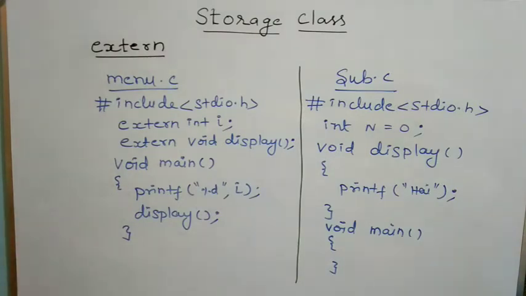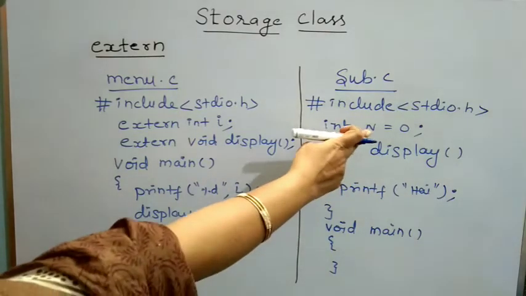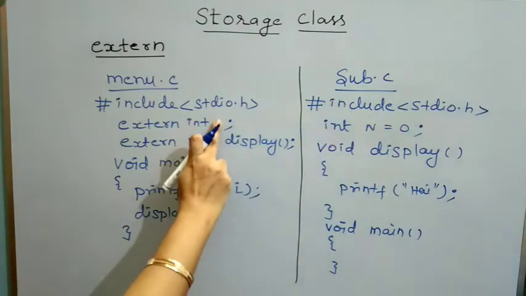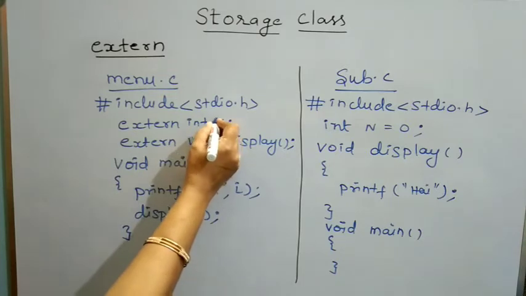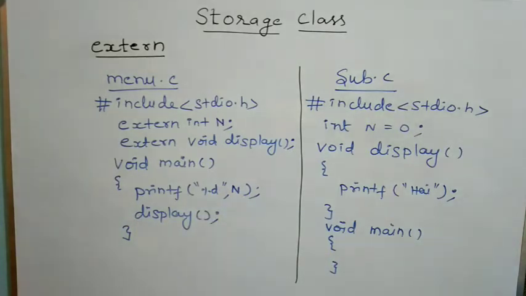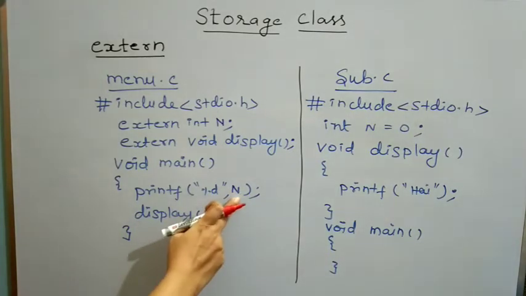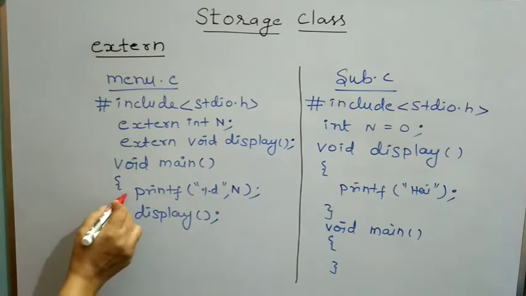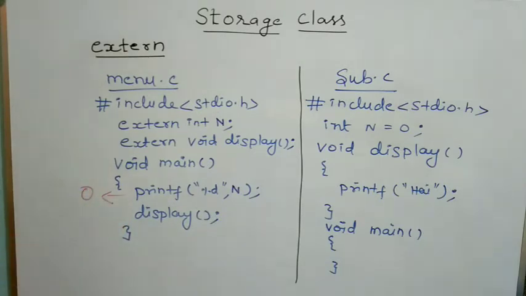The first statement is printf, where I print the value of n, which is defined and declared in the other file. Since n is 0, the value 0 will get printed. Then I call the function display, in which the message hi will get printed.